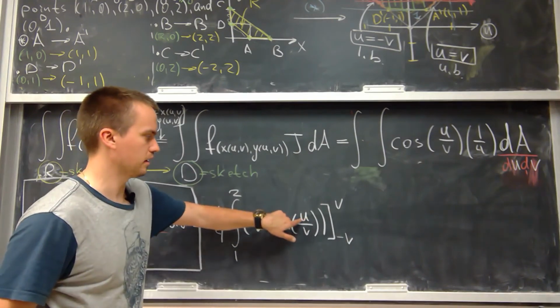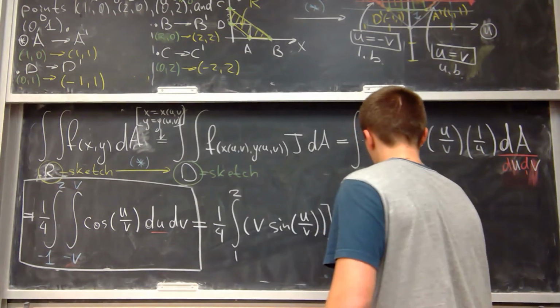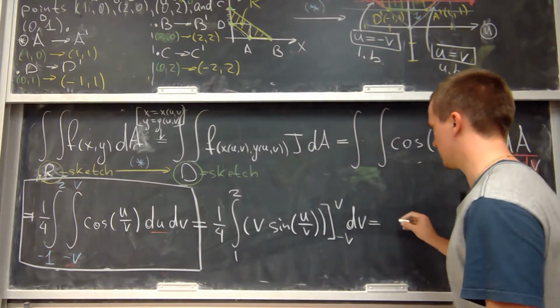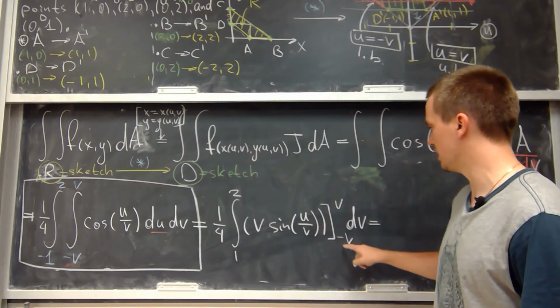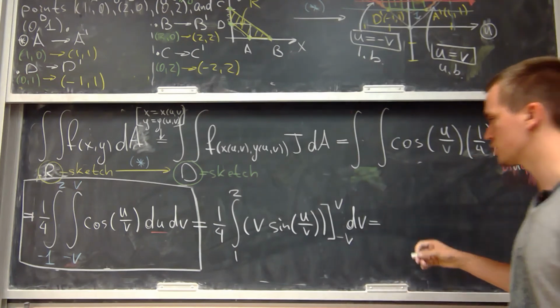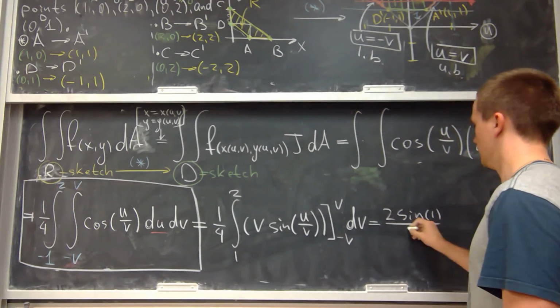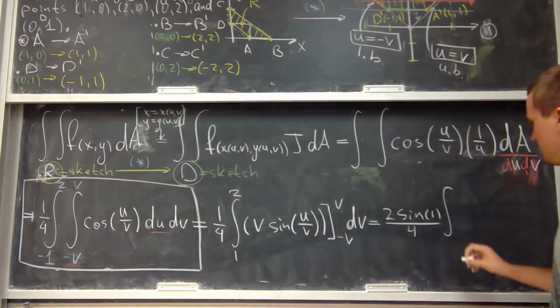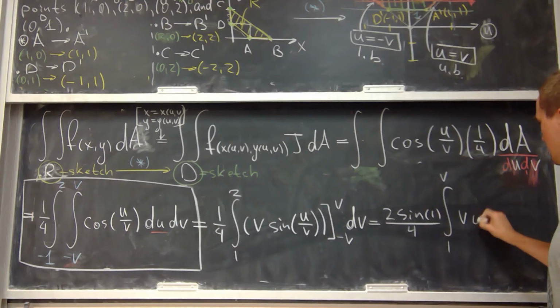And I'm going to plug in v and -v instead of u, dv. Then by doing simple computations, sine of v over v is sine 1, and the negative gives -sine 1, but the difference will add them up. So I will have 2 sine of 1 divided by 4, a single variable integral from 1 to 2 of v dv.